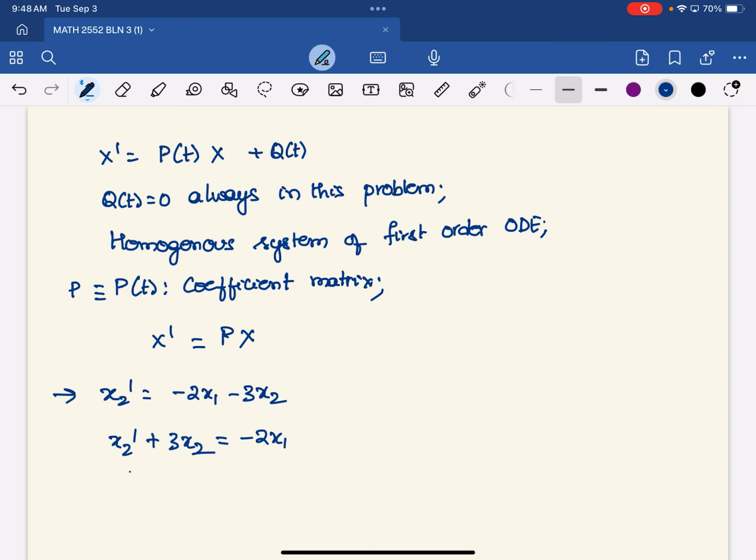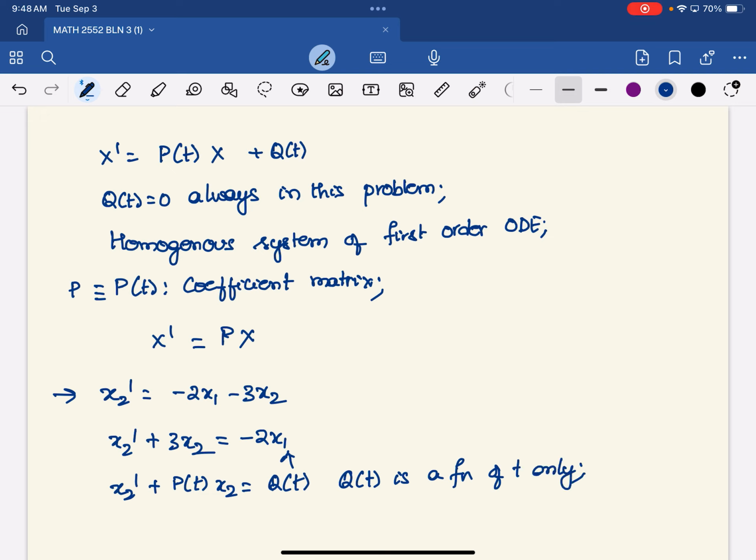So this is in the form of x2 prime plus p of t times x2 equals q of t, but this is not q of t. Q of t is a function of t only.